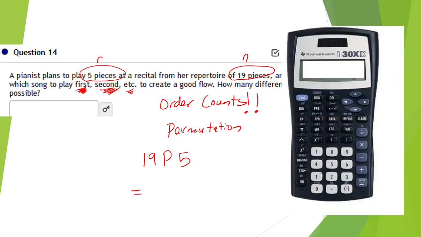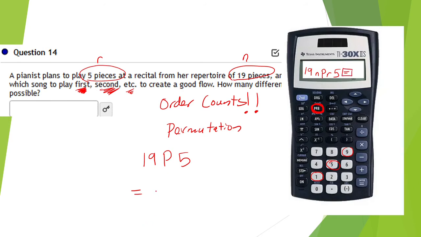Now to do that, you'll have to type in 19 first, so enter 1, 9, then click PRB, so that will show 19, and then you want to select the one that says nPr. Select that option, click enter, and from there you want to enter the 5. So you should see 19 nPr 5 on your calculators, then you can press enter.